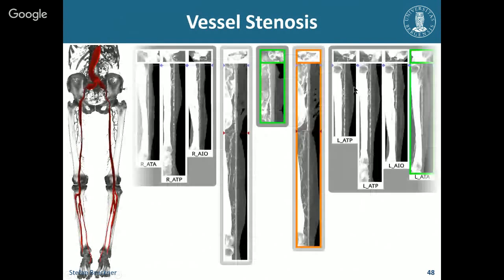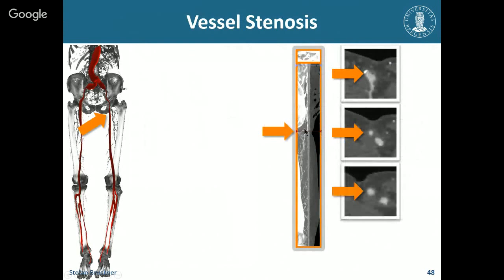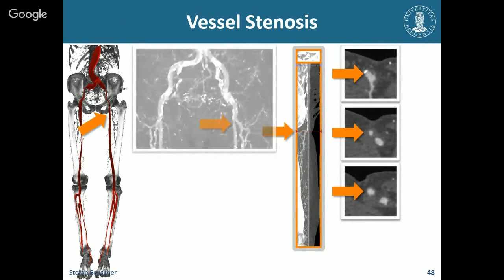Now, here's an example where we have stenosis, which is visible here in the CFA view, and here we can confirm it using actual axial slice views.